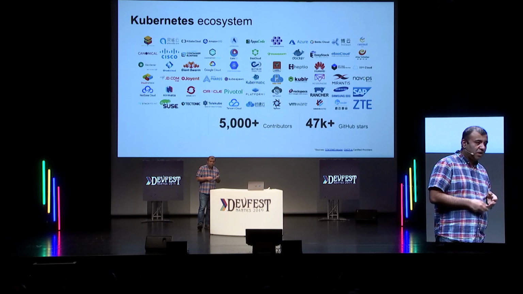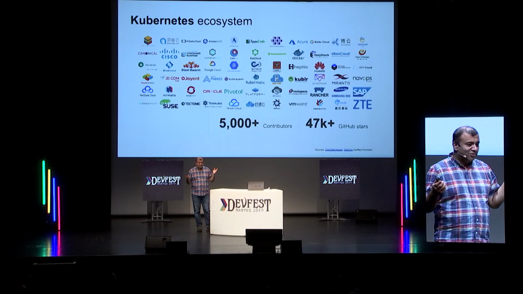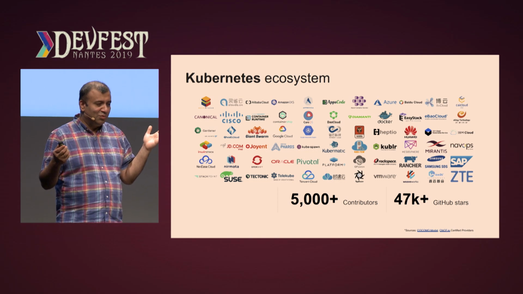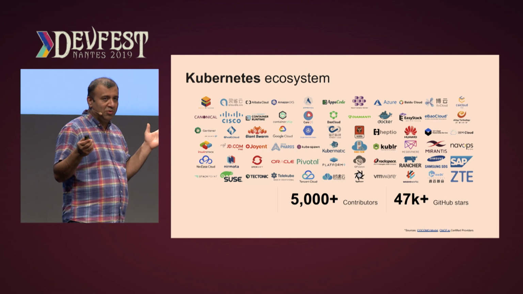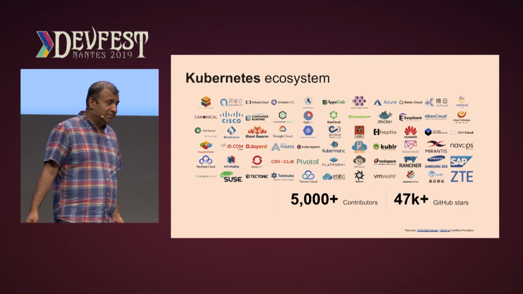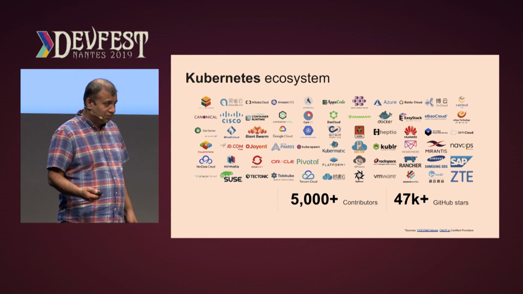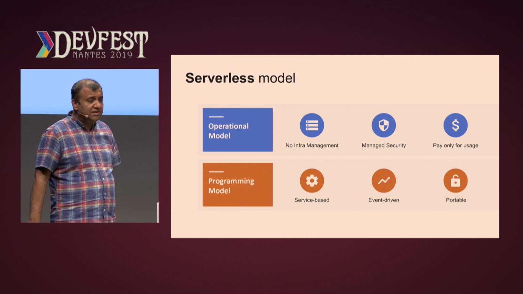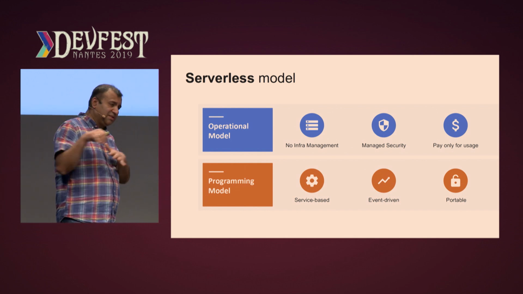And the Kubernetes ecosystem is a big ecosystem. A lot of companies use it. I probably wouldn't be exaggerating by saying it's the most popular container orchestration system out there. Very popular. You hear about it in just about every conference.